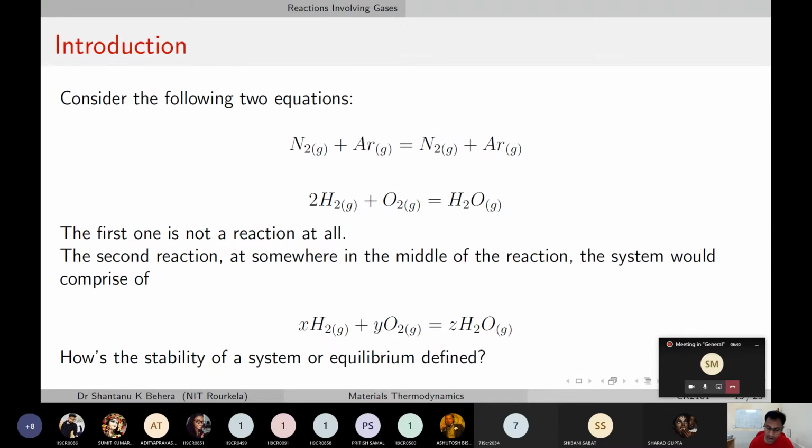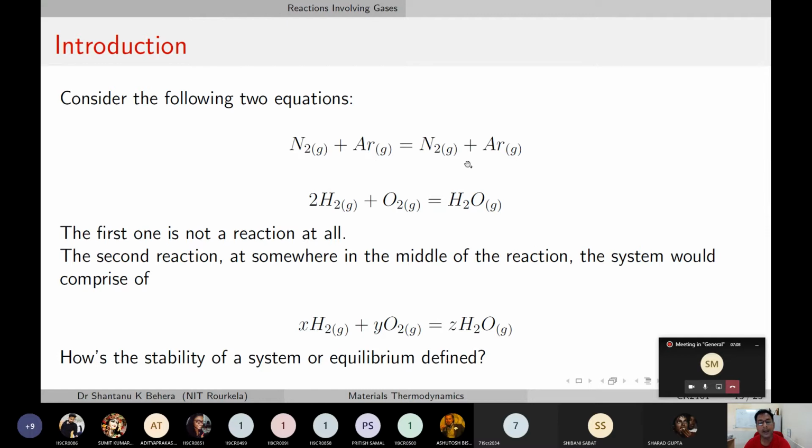Now, consider a situation where two gases mix, and at one point they also react. Here I want you to look at two examples. Nitrogen gas mixes with argon gas, and eventually what it forms is nothing. It's simply a mixture of nitrogen and argon. Nitrogen was contained in a volume, and argon in a separate volume.